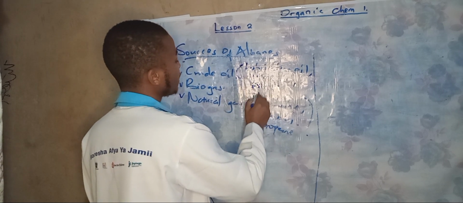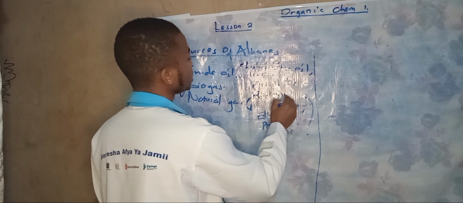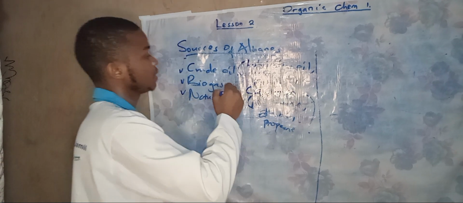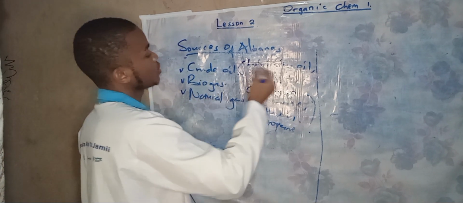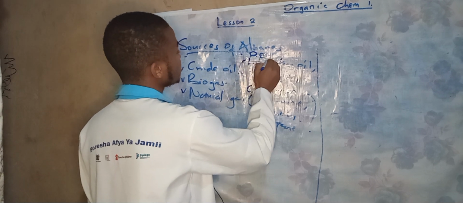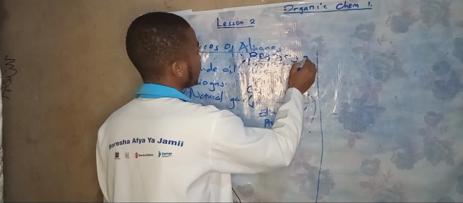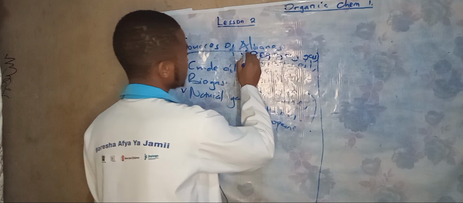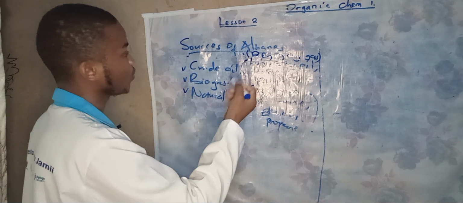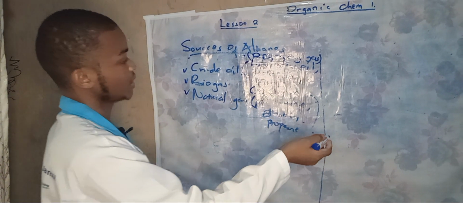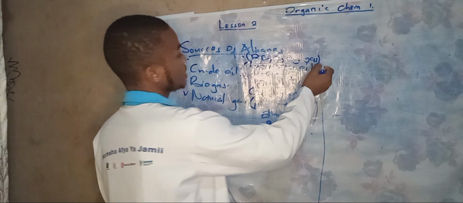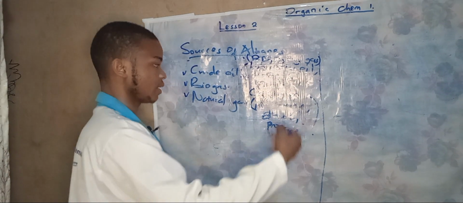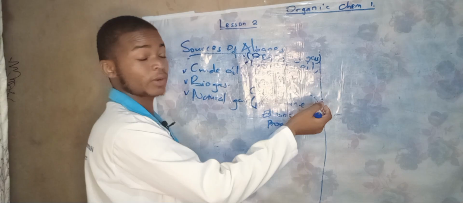We have bitumen. We also have refinery gases, whereby this refinery gas is now what we call alkanes, right? So in refinery gas here we can have ethane.